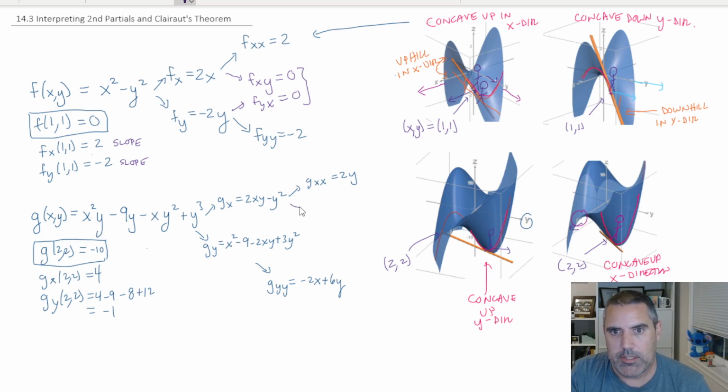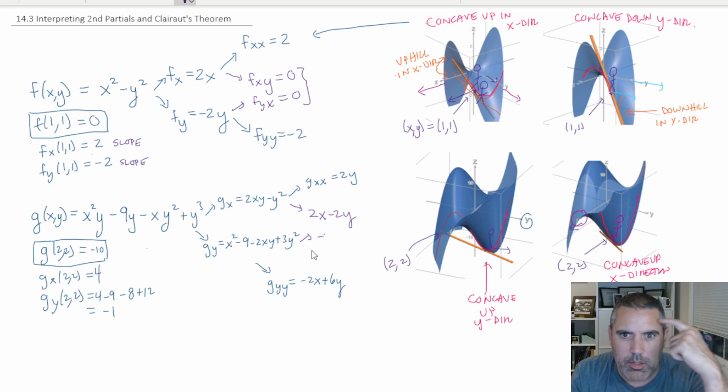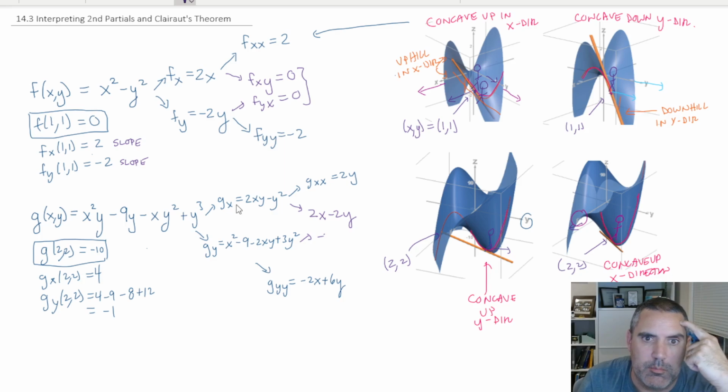Okay, this one's more interesting because if you do the mixed partial with respect to x again, with respect to y after you've done x, you're going to get 2x minus 2y. If you do the derivative of this one with respect to y, you're going to get 0, 0, negative 2x. Something looks off to me. Did I miscopy something? 2xy minus y squared.